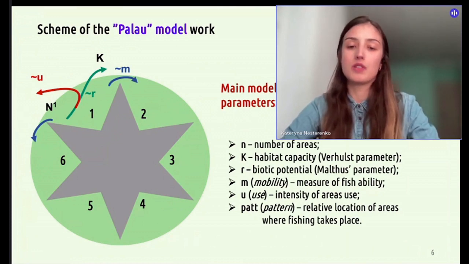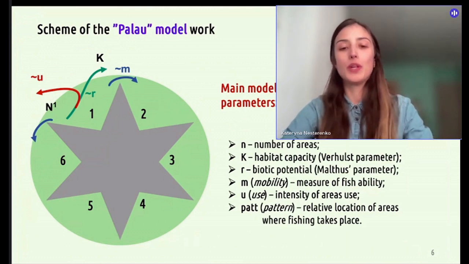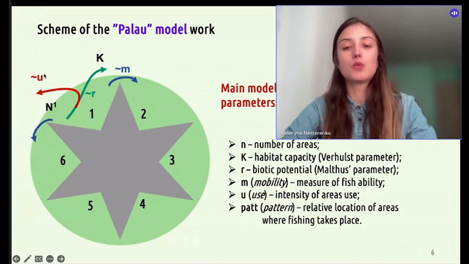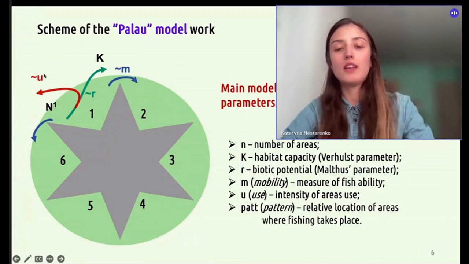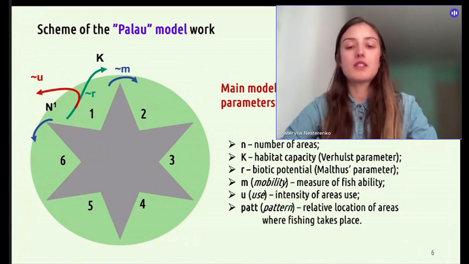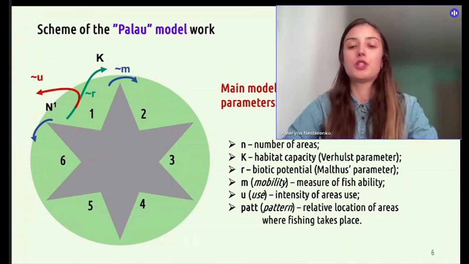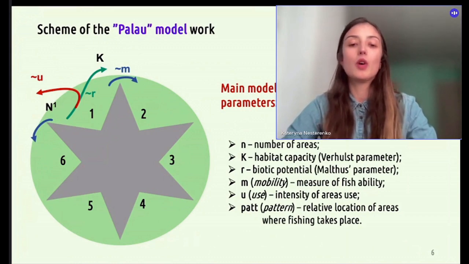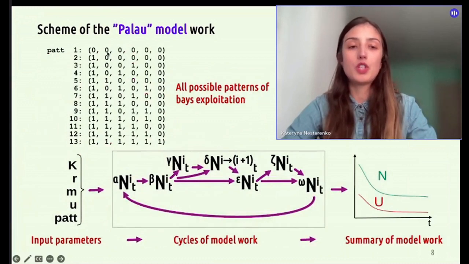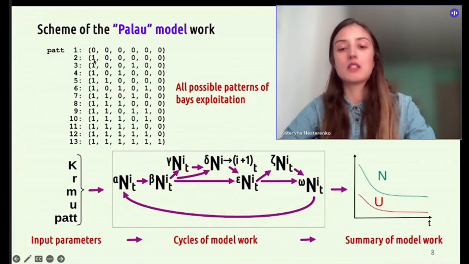Parameter M describes the speed at which fish are distributed between water areas, and the U parameter determines what part of fish stocks we take in the case of organizing fishing in a certain area. By setting different usage patterns for these areas, we identified 13 patterns, where 0 represents no fishing and 1 represents permission to fish in this area.